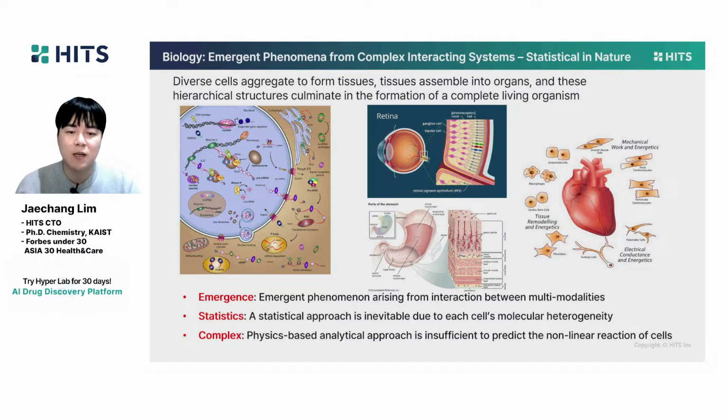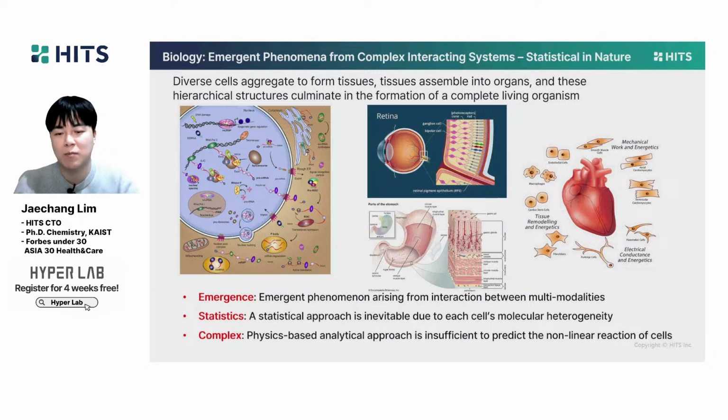And biosystems are fundamentally composed of multimodality, and it results in emergent phenomena where each entity interacts in complex ways. Because each cell and person is different, a statistical analysis is necessary, and because reactions are nonlinear, they are difficult to predict with physical approximations. For these reasons, deep learning is very suitable for these complex systems.